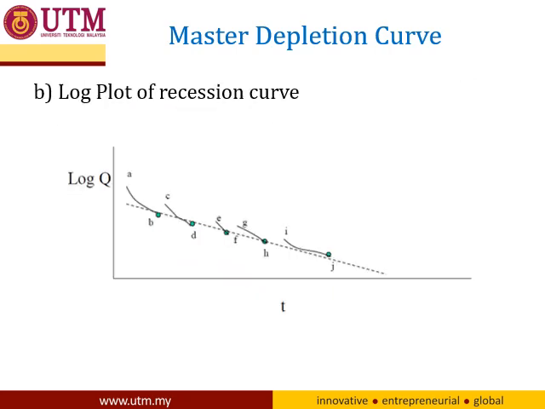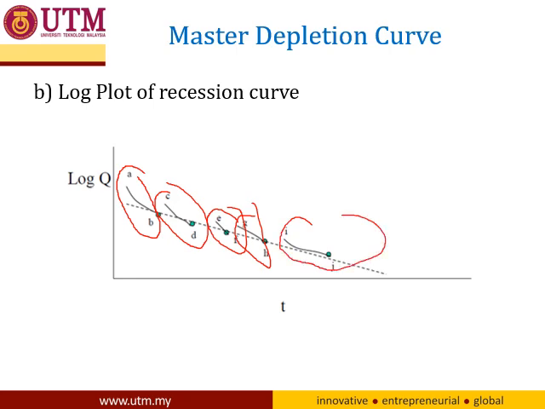Okay, so when we have the data, we organize the data from the highest flow to the lowest flow. For example, event AB, this line, event CD, event EF. So these are organized from the highest values to the lowest value.